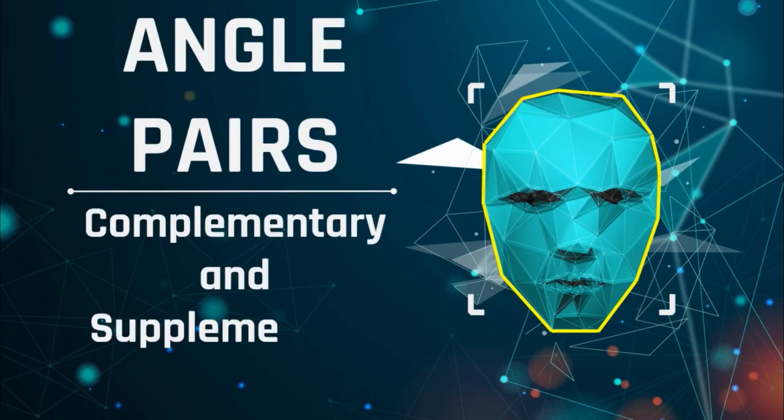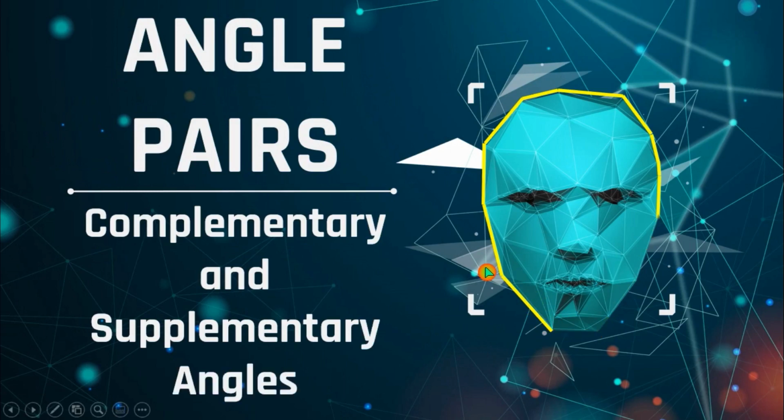So for today, we are going to have our lesson all about angle pairs, and for today's topic, we are going to focus on complementary and supplementary angles. Okay, so you clearly see that our lesson will be all about angle pairs.